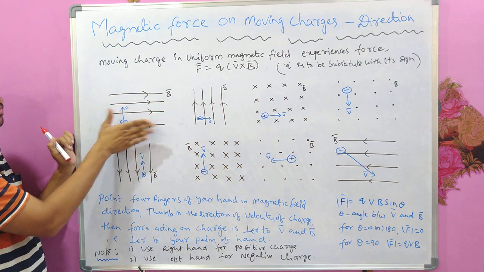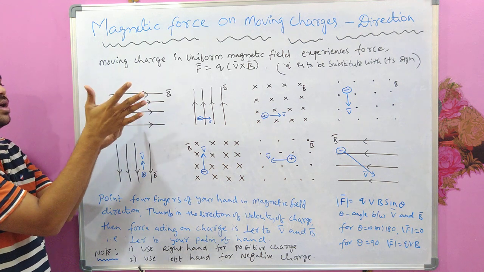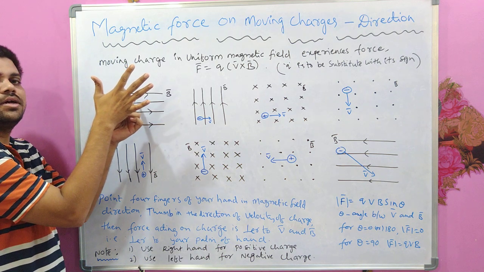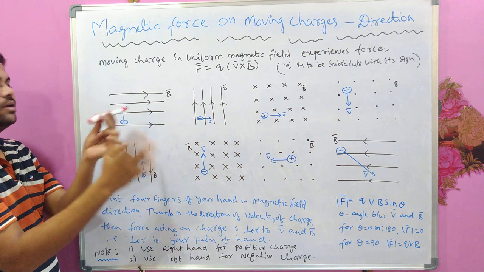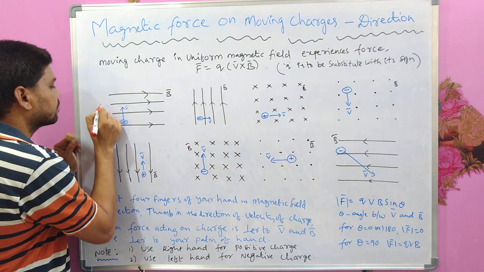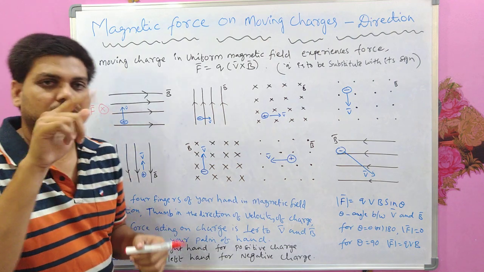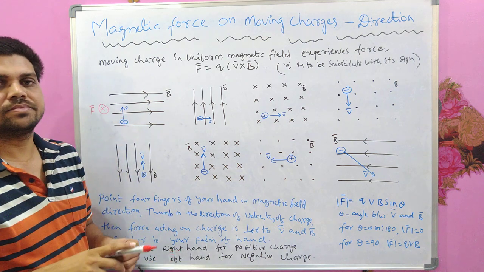Now the force acting on this charged particle would be inwards, like this. So the force acting on this particle would be inwards. The cross symbol represents the inwards direction of the magnetic force.